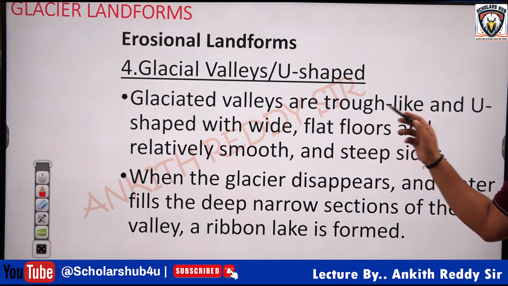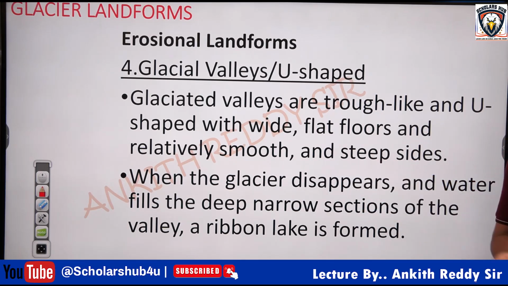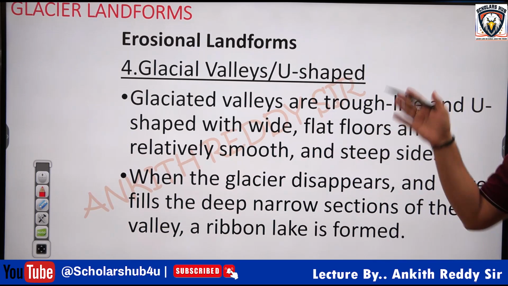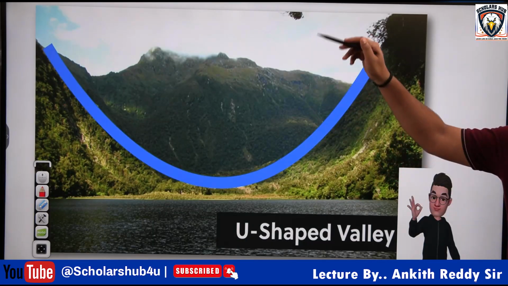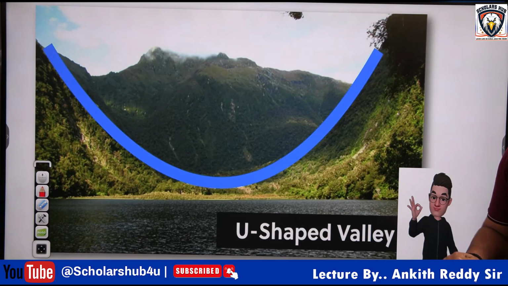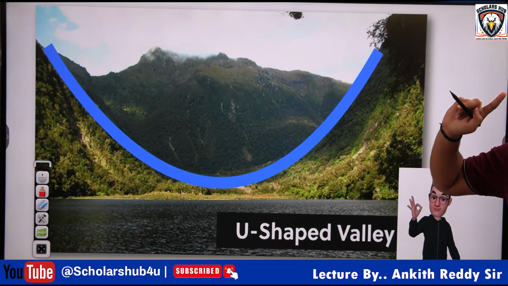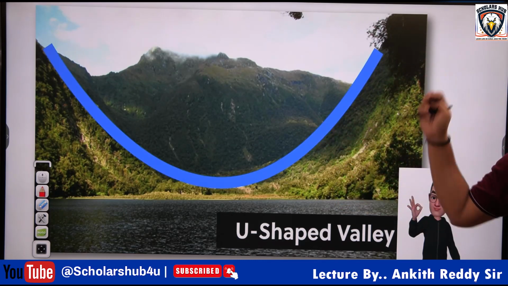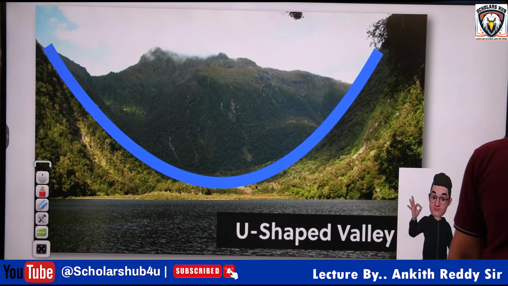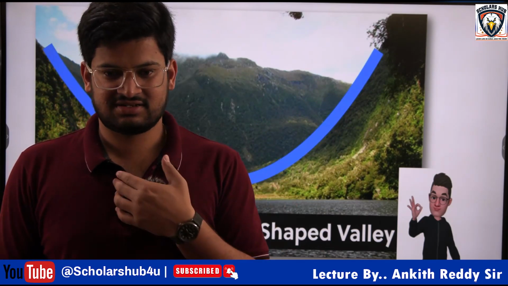So what is a U-shaped valley? Glaciated valleys are trough-like. Trough means a depression, which is wide and whose bottom is flat. Then it is called a U-shaped valley, right? Here there are all trees. Earlier there was ice, that structure formed, and then the climate became moderate, so trees grow. If you remember, 10,000 to 15,000 years ago the entire earth was in the ice age.